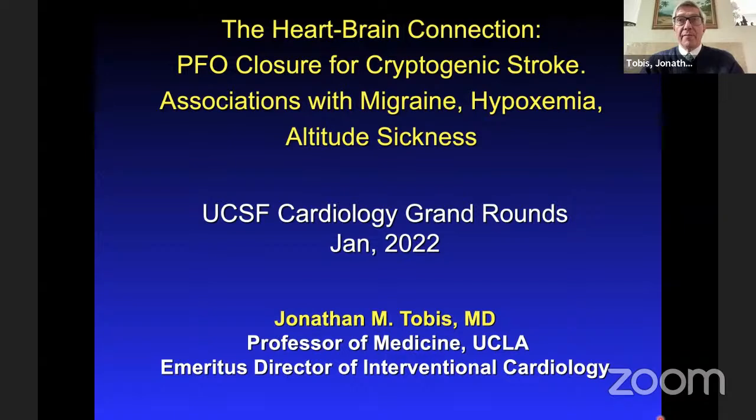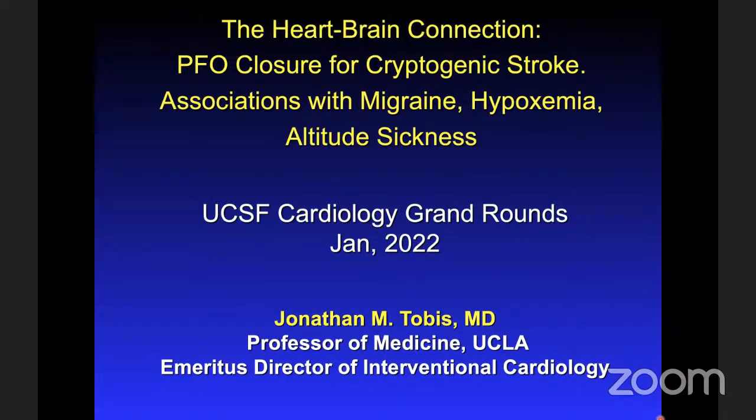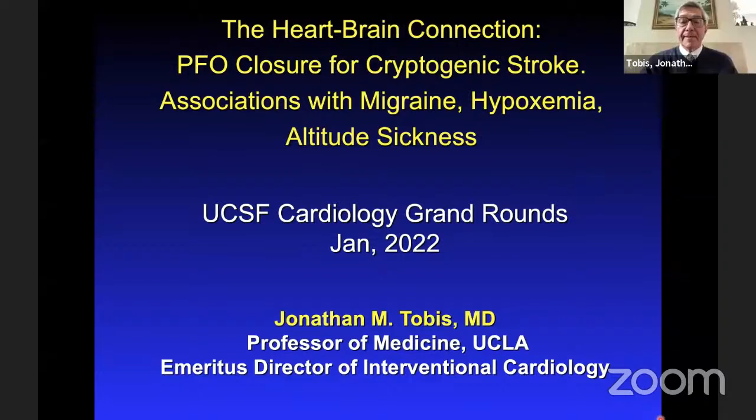And the more we've learned about it, the more things that can be associated with it. So I hope you'll enjoy the variety of conditions that can be connected with this and learn something about it.